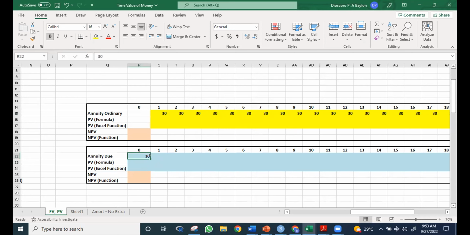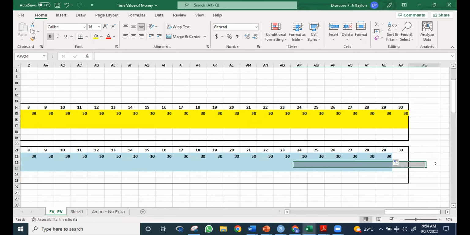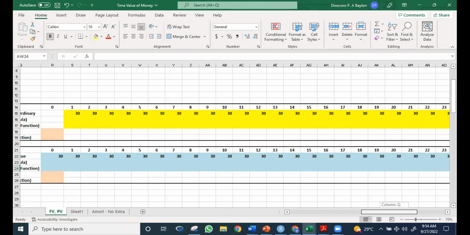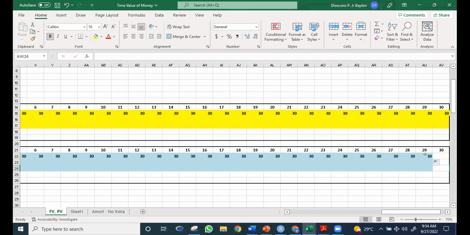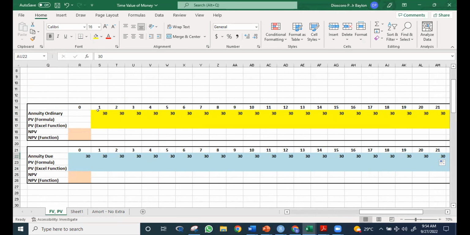For this annuity, you have 30 years of cash flows of 30. Same number of 30, but one starts immediately, at the beginning, while the other starts at the end of the period and goes up to the last.